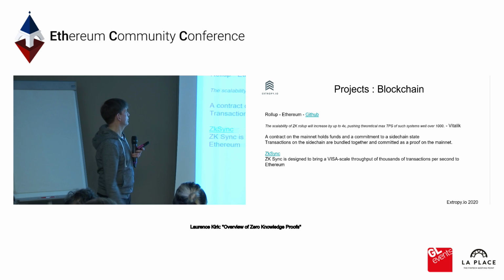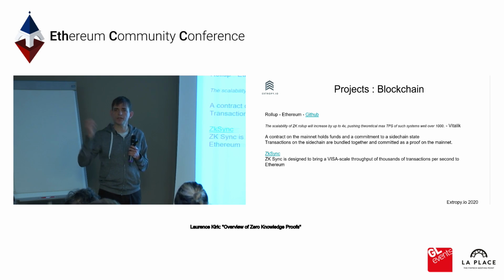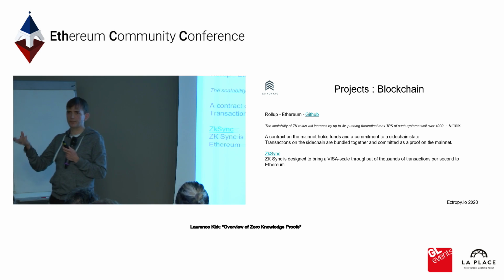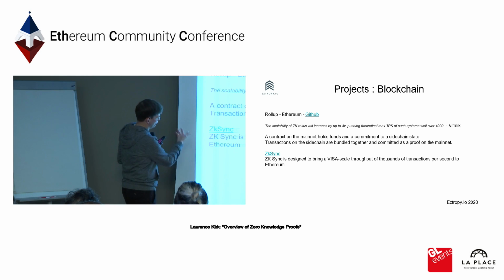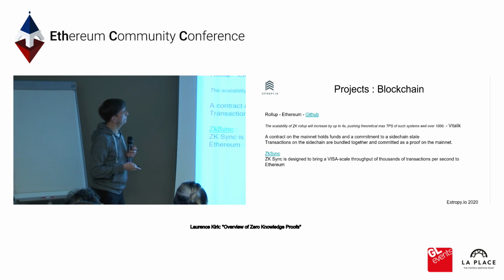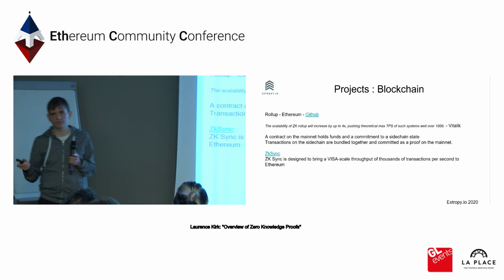The idea being that transactions are bundled together and proofs are made of the transactions, which then get put on the mainnet. So you don't need to verify everything. You can accept the proof. Similar project, ZK Sync. All of these are particularly targeting the idea of it being a proof system and having a succinct proof of some more expensive computation rather than being about the privacy side.